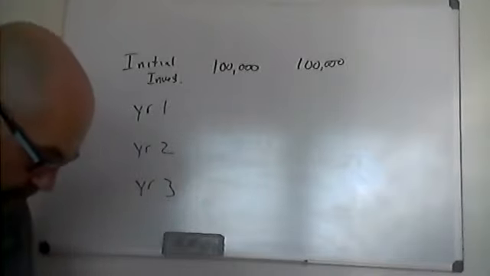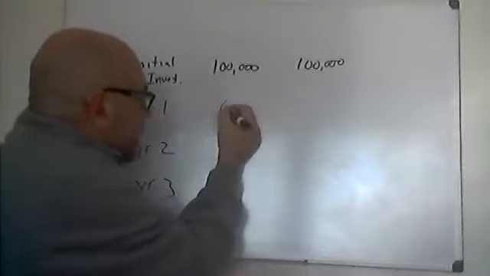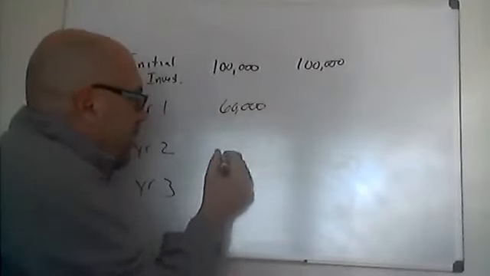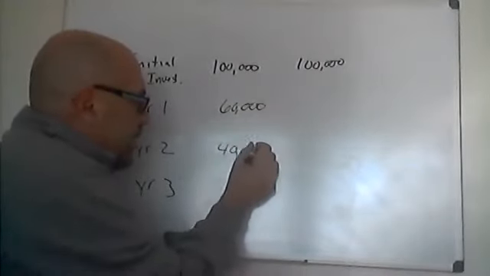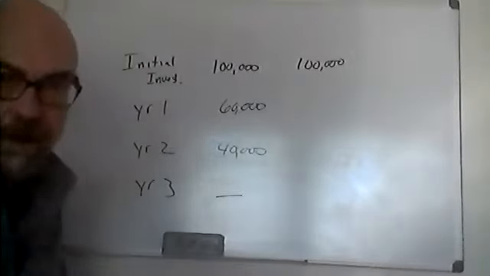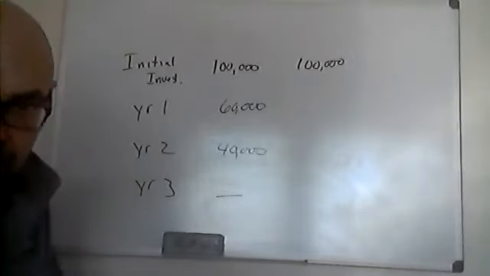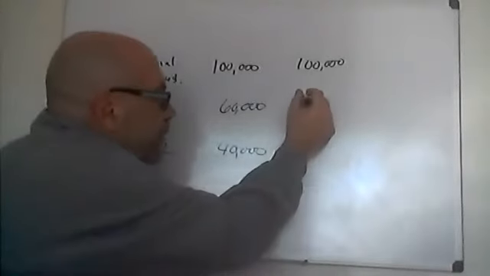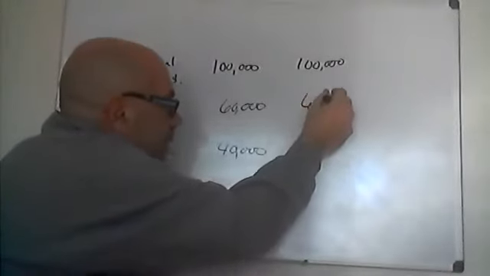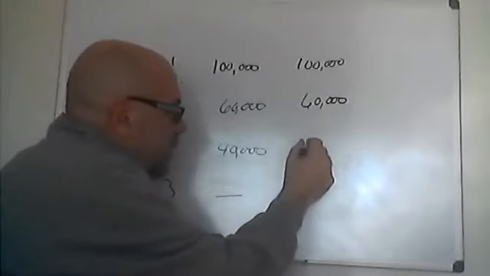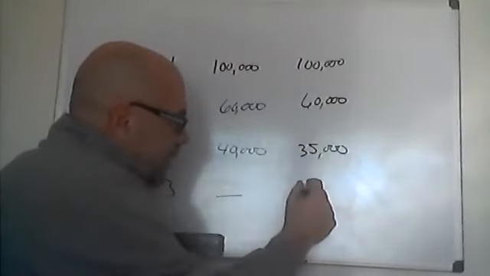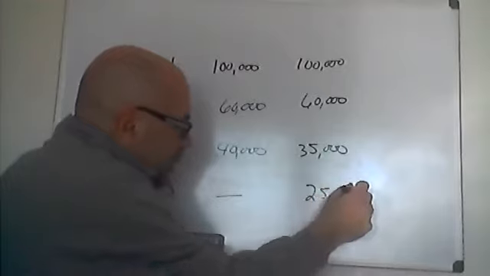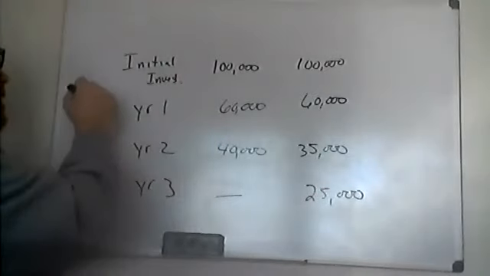For investment number one, they expect to get 60,000 in year one, 40,000 in year two, and then no cash flows in year three. On the other hand, if they did investment number two, they would get 60,000 in year one, 35,000 in year two, and 25,000 in year three.